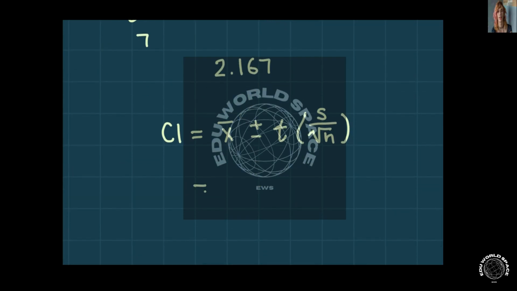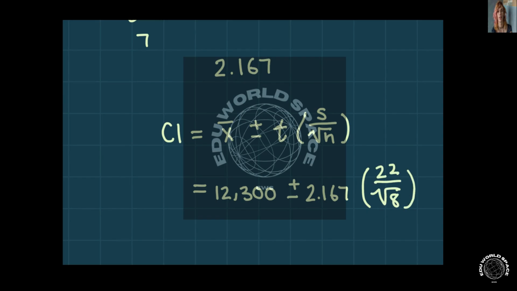So in this case, that would be 12,300 plus or minus 2.167 times 22 over the square root of 8.